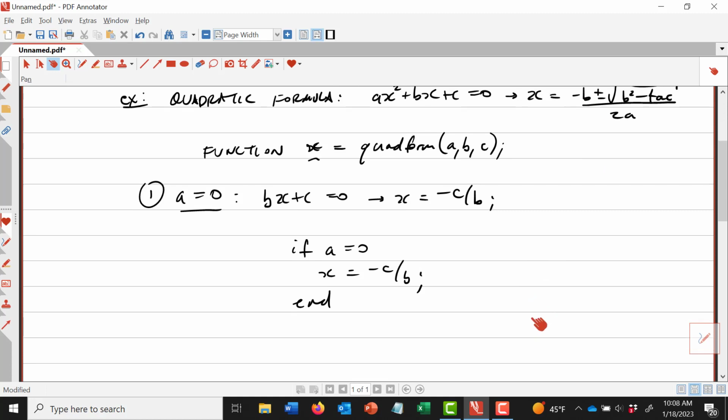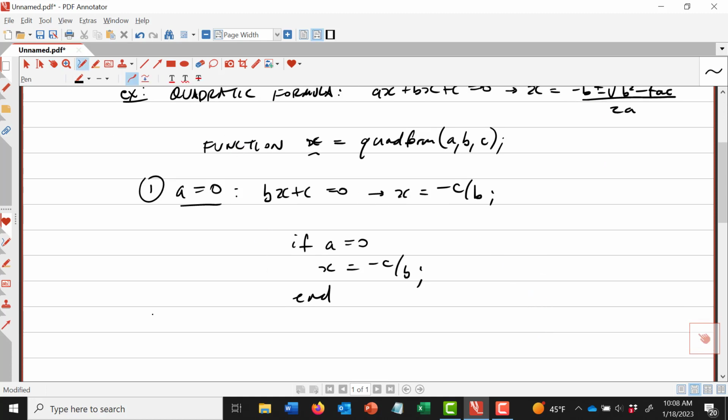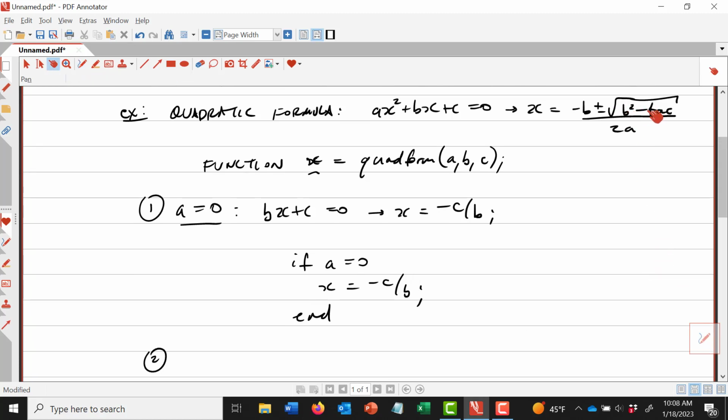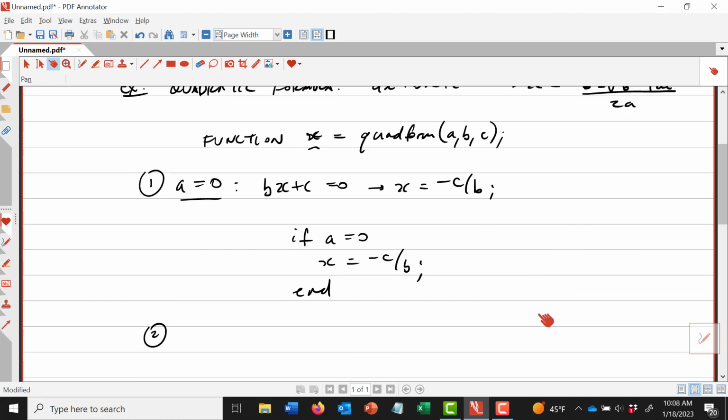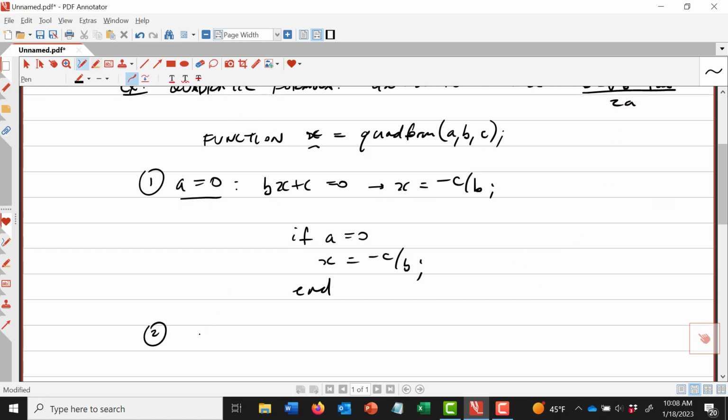But there's a second issue that could arise as well, something that's a little more subtle. That second issue is, what if it turns out b squared is much, much larger than 4ac? So let's take a look at that case here.